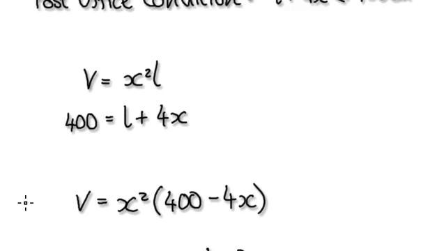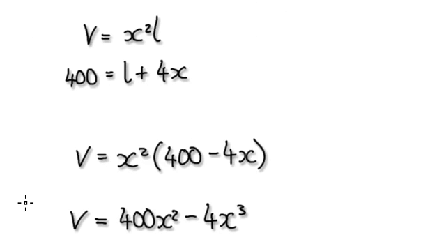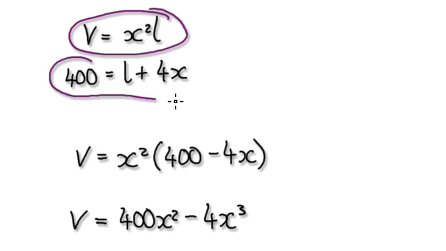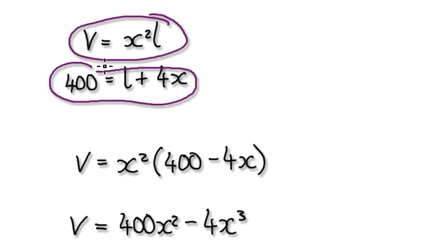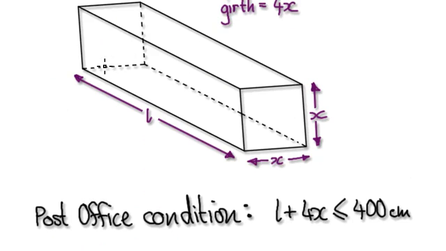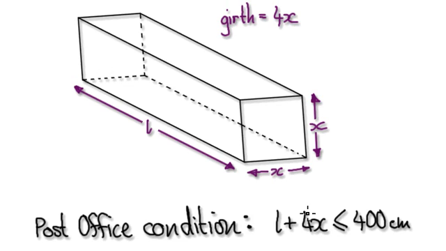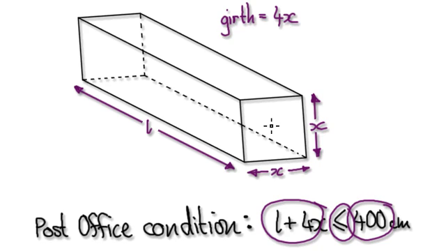Okay, so to do this here, the volume is given by this, and this here is the condition placed on by the post office. Up here, the condition was less than or equal to 400. Instead of sending a small parcel, let's maximize this.